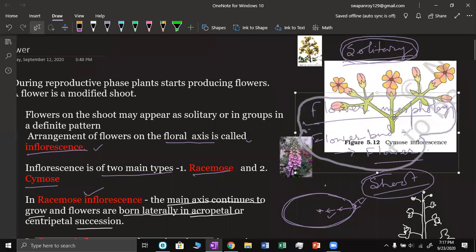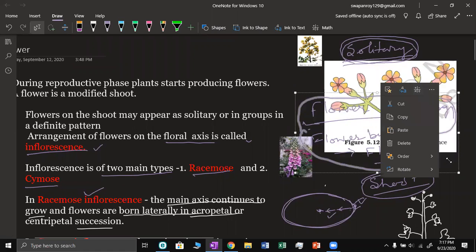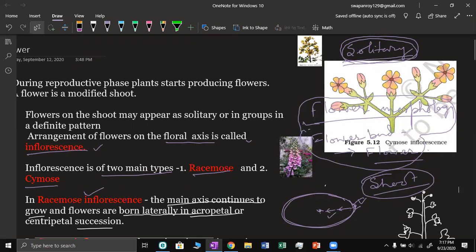As this main axis has stopped growing, it has given out lateral branches below this first flower. These also have ended in a flower, and then again their growth has stopped, and they have given lateral branches bearing flowers. So every time, the growth of the main axis is stopped by the appearance of a single flower.